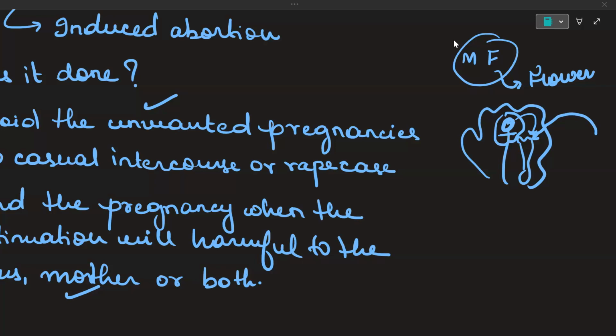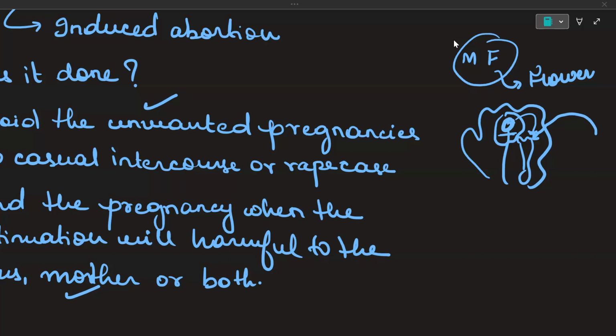Now give me two examples of water pollinated plants. I don't remember the examples for these. Listen, when you study again, read the examples, okay? Because it's very important. See, Vallisneria and Hydrilla. These are the aquatic plants, and here the pollination happens with water as the medium.